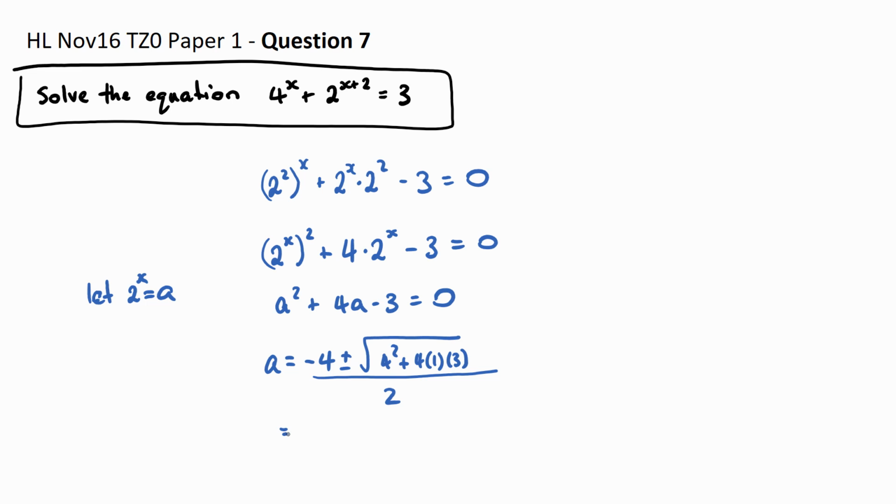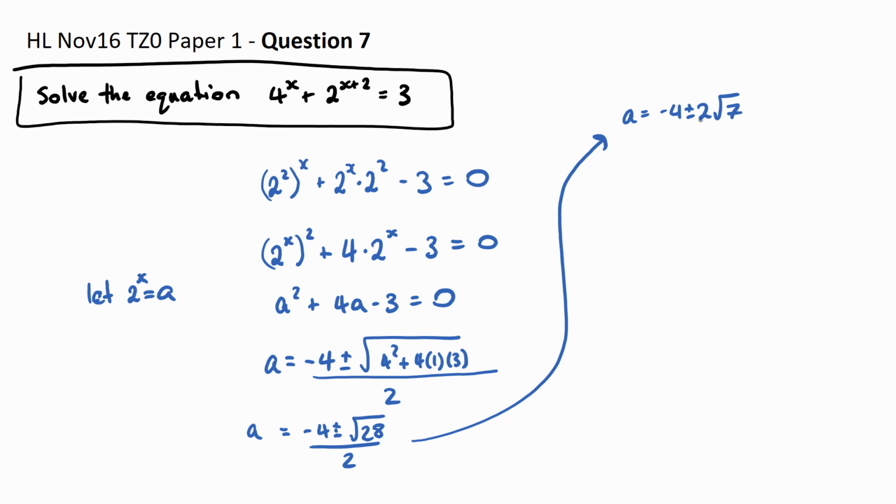And this can be simplified as minus 4 plus or minus the square root of 16 plus 12, which is 28, over 2. Now I'm going to do a simplification step here. Root 28 is the same as root 7 times 4, so if I take the 4 out, it'll be 2 root 7. So a will equal minus 4 plus or minus 2 root 7 on 2, which, if I factor out the 2, top and bottom, is minus 2 plus or minus root 7.